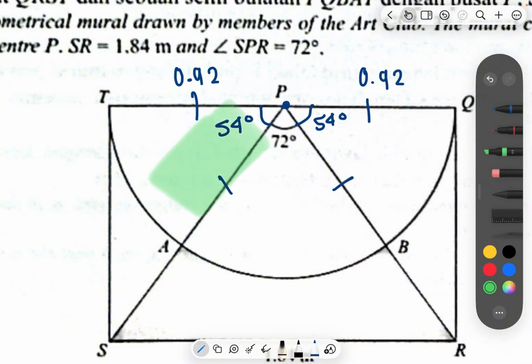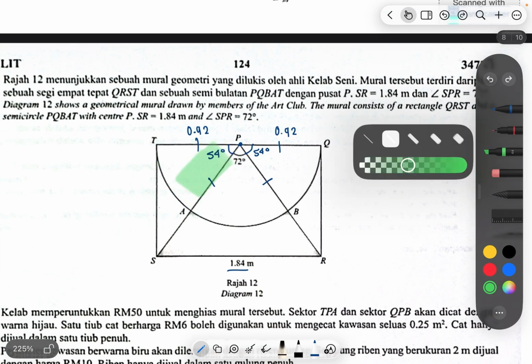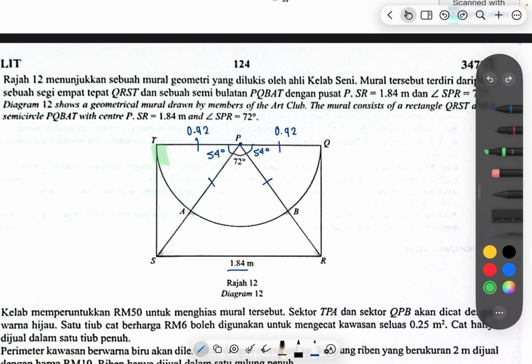So that will be green. And in this diagram you can't see it, but this part is blue. So I'll just do it now. So this part is blue.